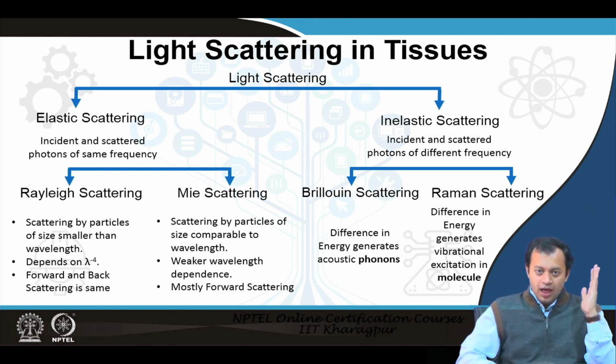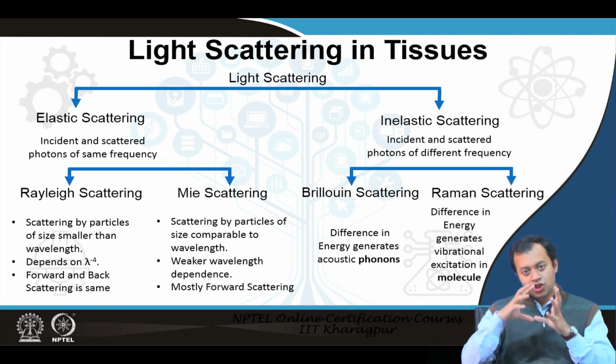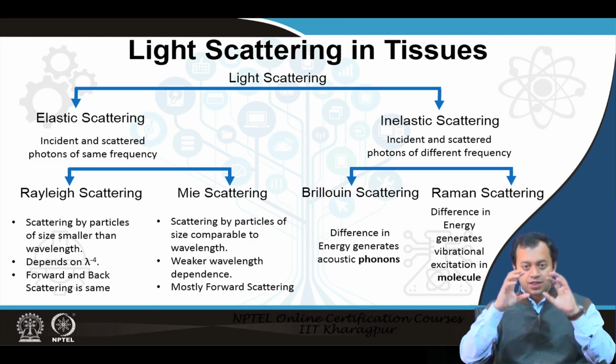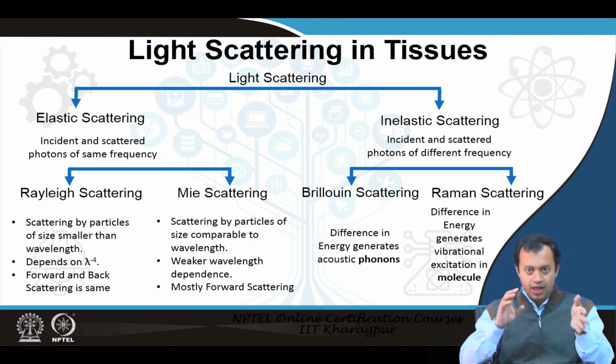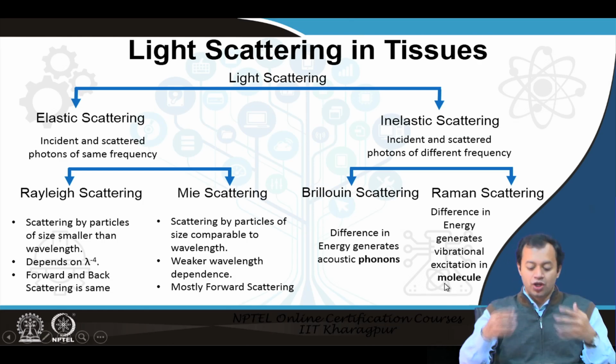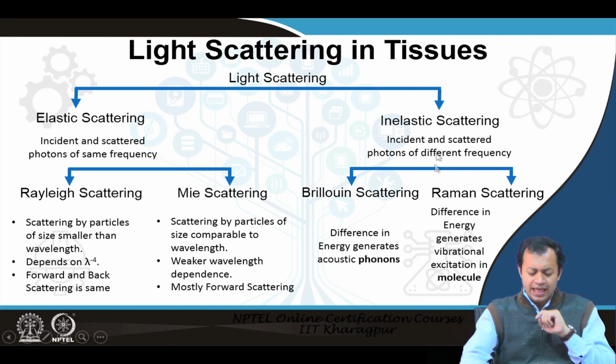There is an incident photon, and there is a scattered photon. In Raman scattering, the difference in the energy gap between photons has changed the vibration of the molecule. In Brillouin scattering, this gap between the incident photon and the scattered photon has generated a vibration. The vibrations can also be quantized, and the quanta of vibration are phonons. So, these are inelastic scattering.